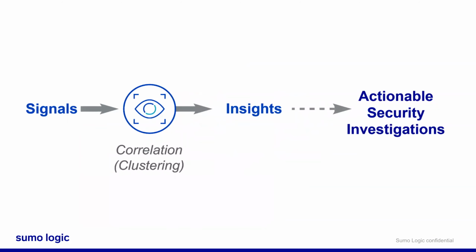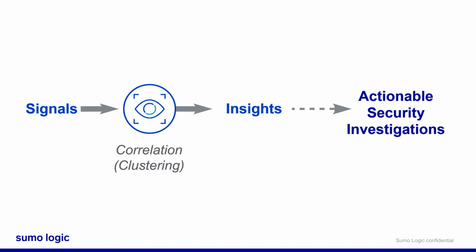Now, the signals portion. Cloud SIEM is going to take everything one step further and correlate these signals into insights, and a manageable number of insights, which is really important. An insight is going to be a group of signals that is clustered around a single entity.